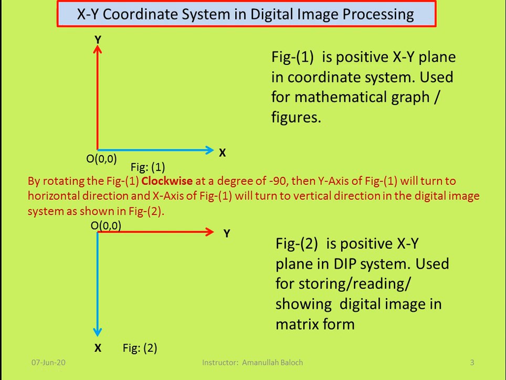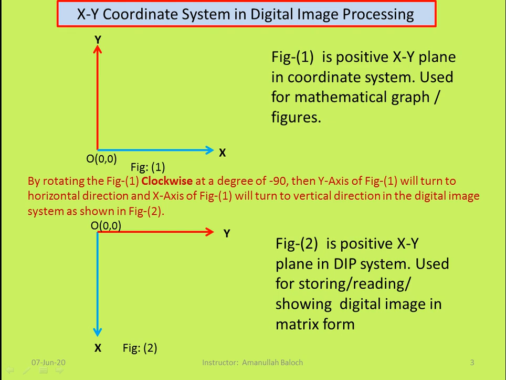Before going into the detail of the topic, firstly we will discuss the coordinate system of digital image processing. As you see, the XY coordinate system in digital image processing.